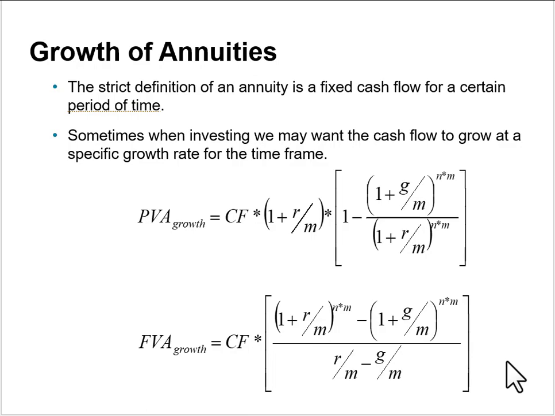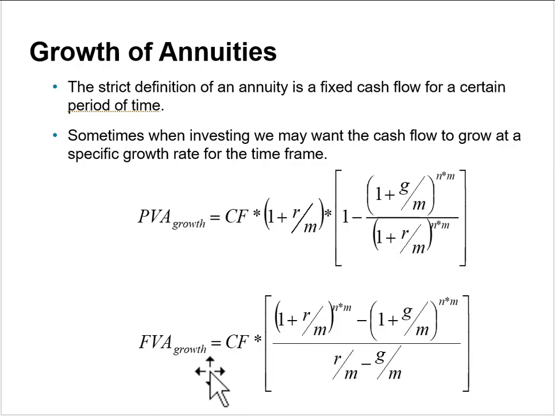The growth I might want to put in here is inflation. So if you're looking at the formulas, there's no formula in Excel to do this. So we have to do this actually by hand. But there is a formula to find the present value using growth, present value of an annuity, assuming some growth.